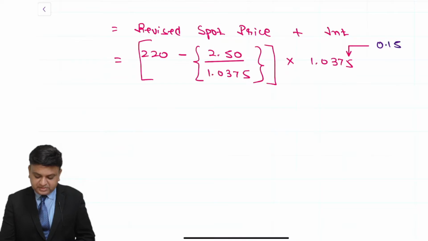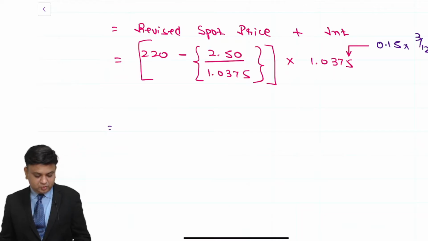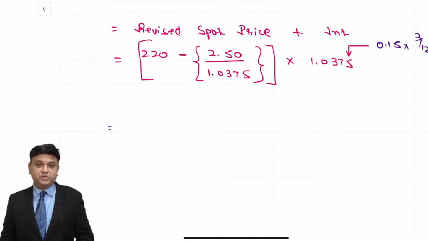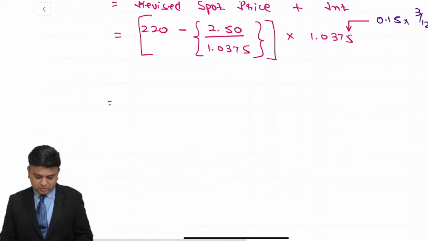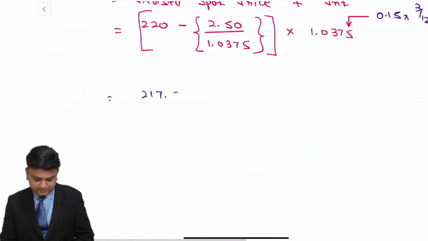The working will be exactly the same as what we have understood just now. It is 15% into 3 divided by 12. So 2 rupee 50 paise divided by 1.0375, that comes to 2.4096. 220 minus 2.4096 comes to 217.5904 into 1.0375.